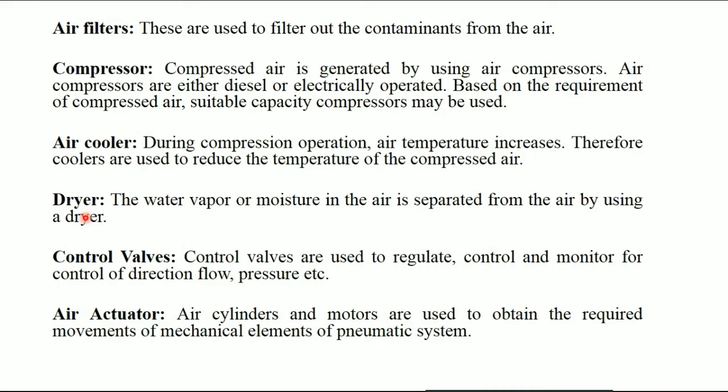Then the dryer. The water vapor or moisture in the air is separated from the air by using the dryer. Then control valves. Control valves are used to regulate, control and monitor the direction of flow, pressure, etc. Air actuators: air cylinders and motors are used to obtain the required movements of mechanical elements of the pneumatic system.